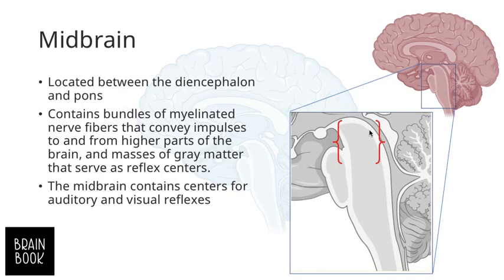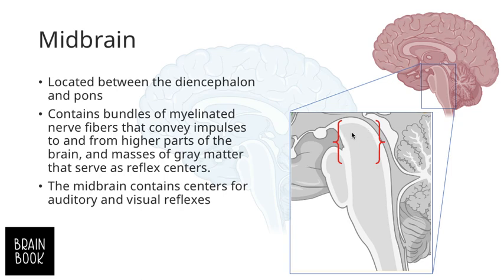The midbrain is a part of the brainstem and located between the diencephalon, or thalamus, and the pons. It contains bundles of myelinated fibers that convey impulses to and from the higher parts of the brain from here, and masses of gray matter that serve as a reflex center.